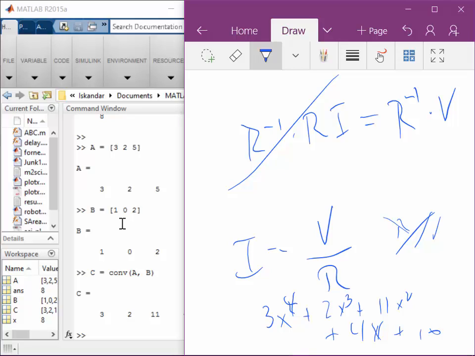So that multiplies my two polynomials out. So again, we can do polynomial multiplication very easily.